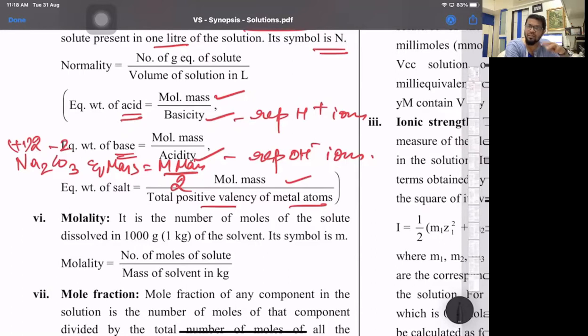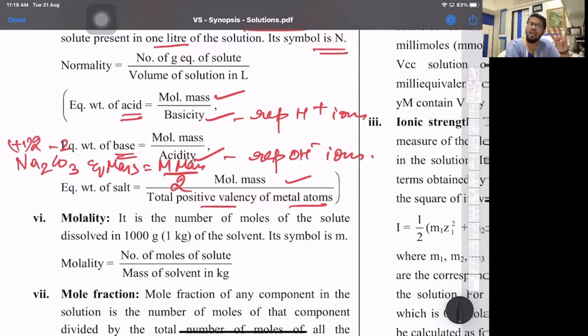Ferric chloride, FeCl3, whatever is the atomic mass of Fe, divided by 3. So Fe's mass is 56 divided by 3. That's the equivalent mass of Fe in FeCl3. And in FeSO4, ferrous sulfate, atomic mass of Fe, that's 56 divided by 2, because in FeSO4, Fe is in +2 oxidation state. So it will change from compound to compound.